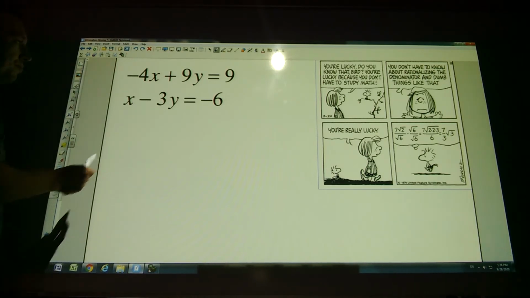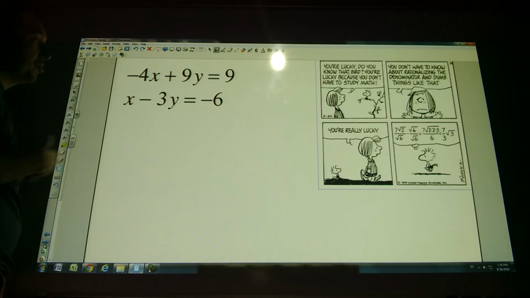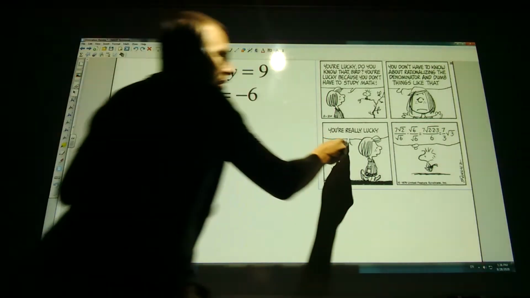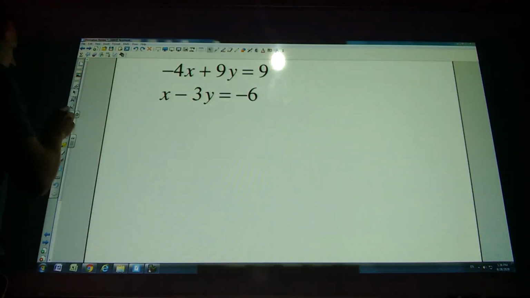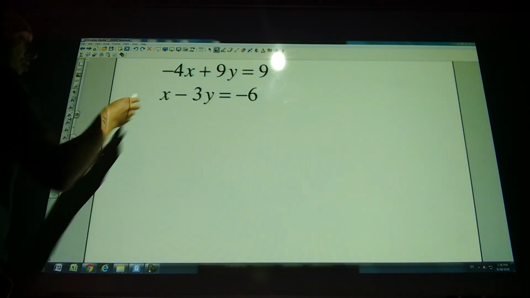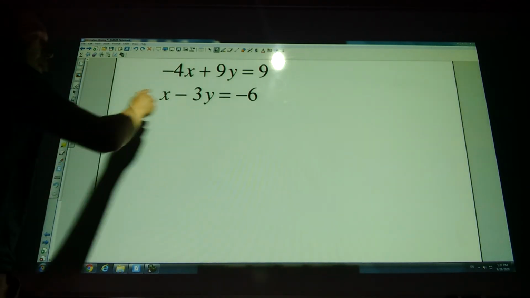Here we go. Now you could have gotten rid of the x's or the y's. I'm going to choose to get rid of the x's. So I'm going to move this a little over here, and I'm going to notice that's a positive 1 and a negative 4. So that's good. One's positive, one's negative. But I'm going to multiply this bottom one by 4.